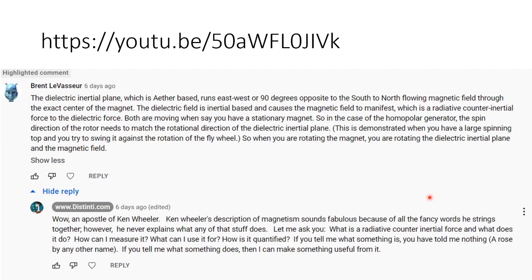Okay, I need models. There's no way I can take a generalization that a field has something to do with the ether. It tells me absolutely nothing. How can I turn that into a voltage or a current or a measurement or a magnetic field intensity? I can't. There's no way. He does not produce any models.